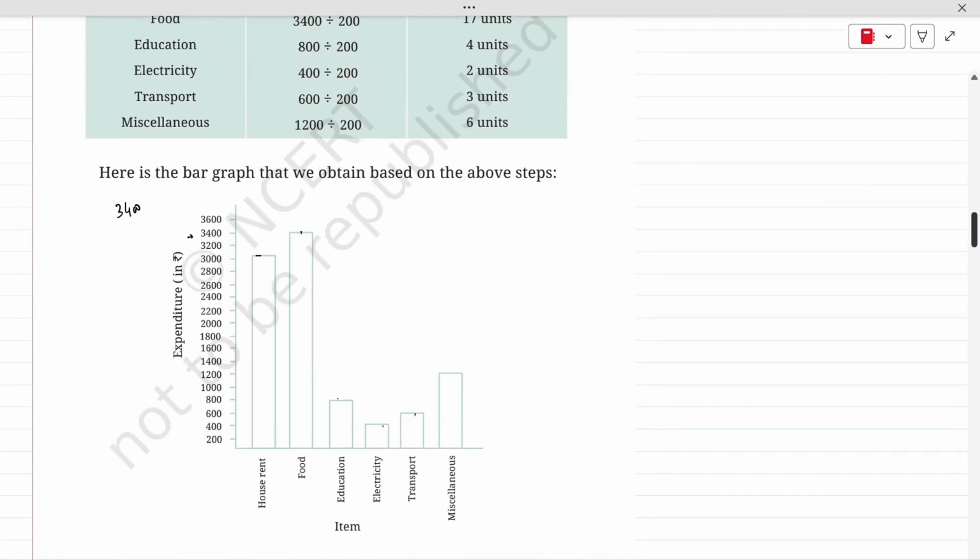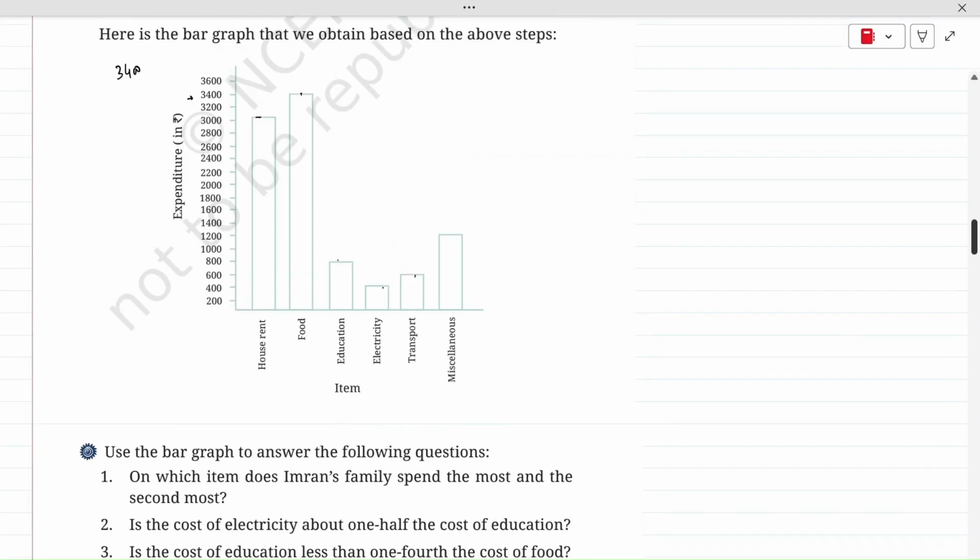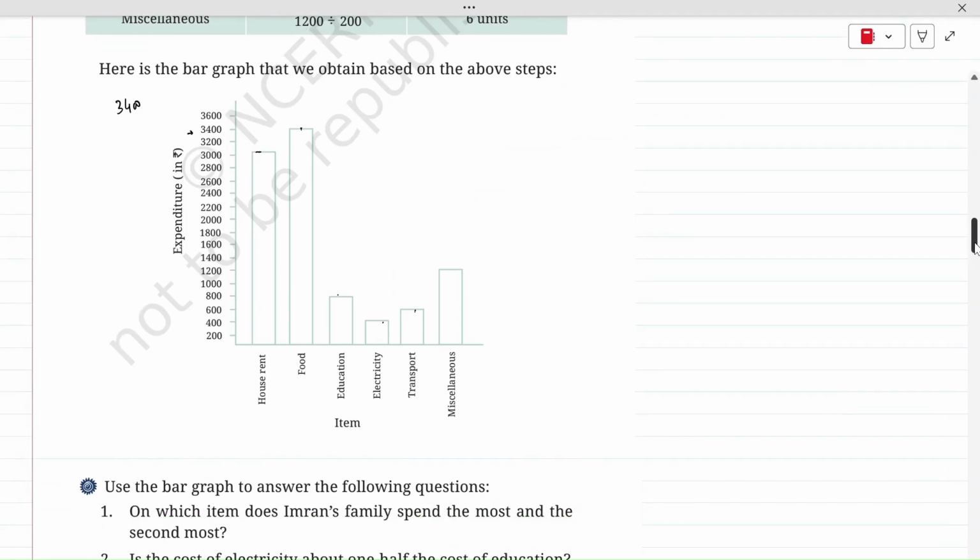Now coming to the questions here. Use the bar graph to answer the following questions. On which item does Imran's family spend the most and the second most? Most of the expenditure is on food. Okay, I'm writing the answer here. For most, the answer is food.